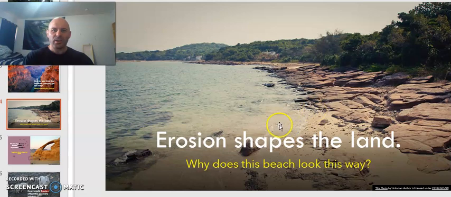And the sand looks like it was kind of pulled or moved by the water back this way, and even small pieces of rock. So we know erosion, or movement of sand, dirt, and other little particles of rock, has shaped the way this beach looks.